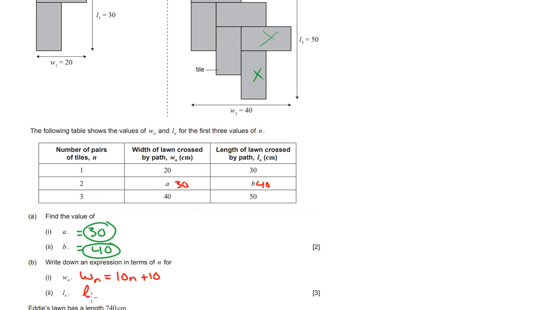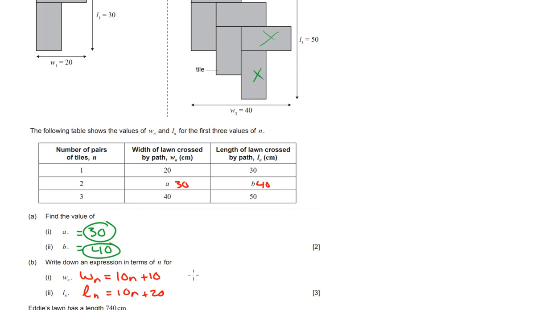And the L of n also goes up by 10 every time we add another layer, but that one, after you start with 10, you got to add another 20 to that to end up with your 30. So these would be our two formulas.